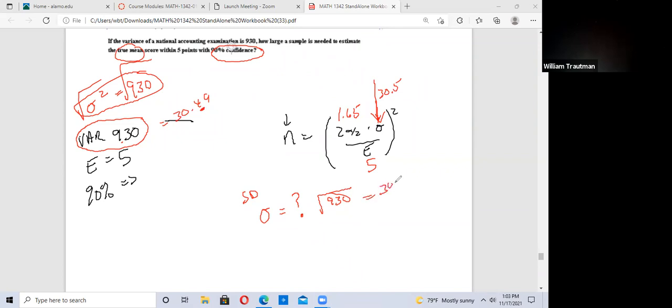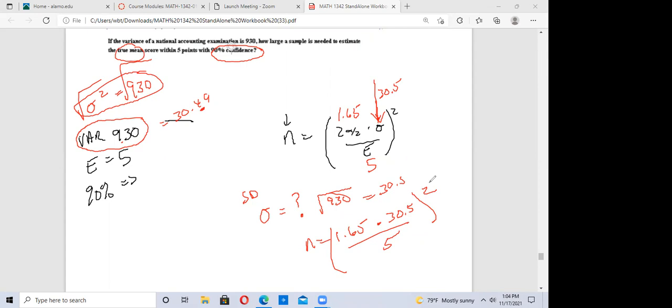So this equals 30.5. So on our calculator, we're going to do 1.65 times 30.5 divided by the margin of error of 5. And then we're going to square the whole thing. So let's try that. And then you got to square the whole thing.